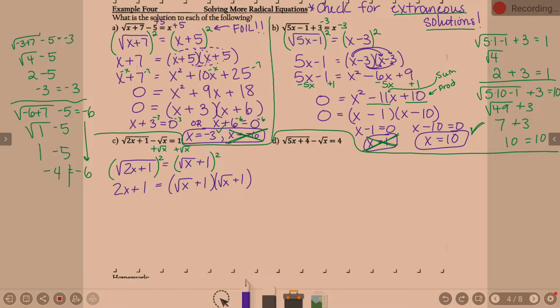You really have to work at it. So, my left is still going to be 2x plus 1. Okay, on the right when we FOIL, square root of x times square root of x is going to be x. Right. Square root of x times 1.